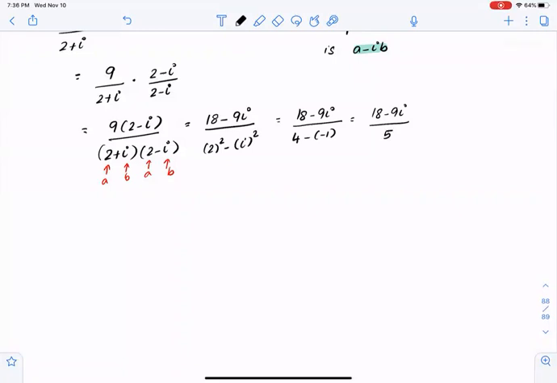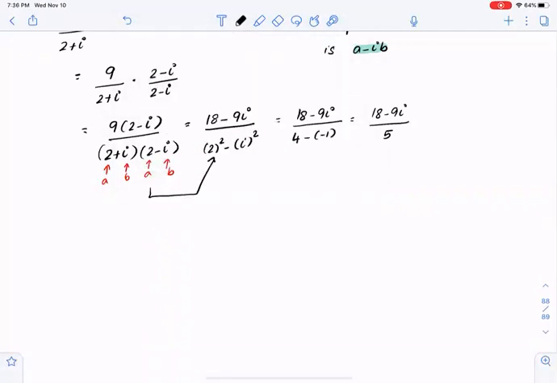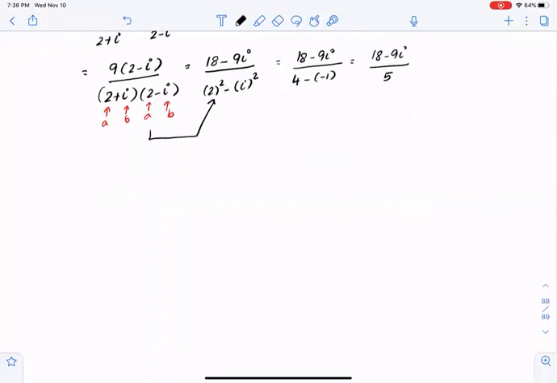Now, we don't even have to do this part from here to there. Anytime you multiply a complex number by its conjugate, the answer is always a squared plus b squared. Just like how a plus b times a minus b equals a squared minus b squared, a plus ib times a minus ib is a squared plus b squared.